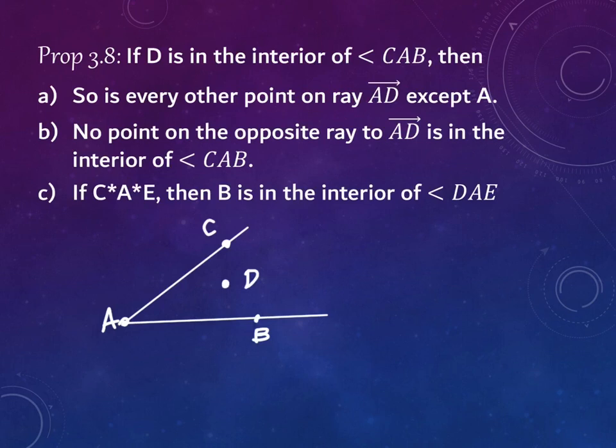So here's D in our interior. Then the ray AD, all the points on that ray except for A are also in the interior. And likewise, if I were to do the opposite ray, roughly speaking, it's over here, all of those points would be on the exterior.